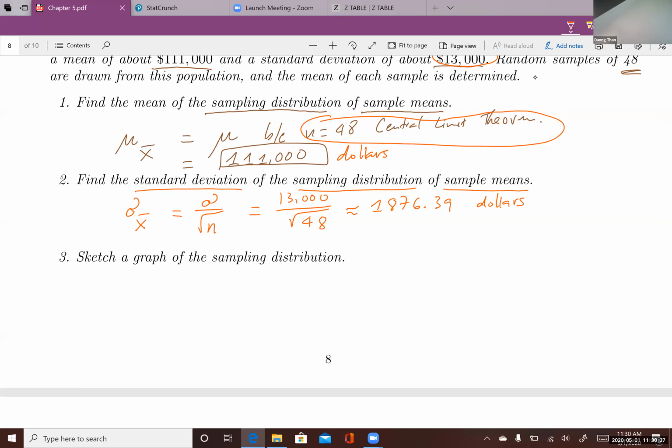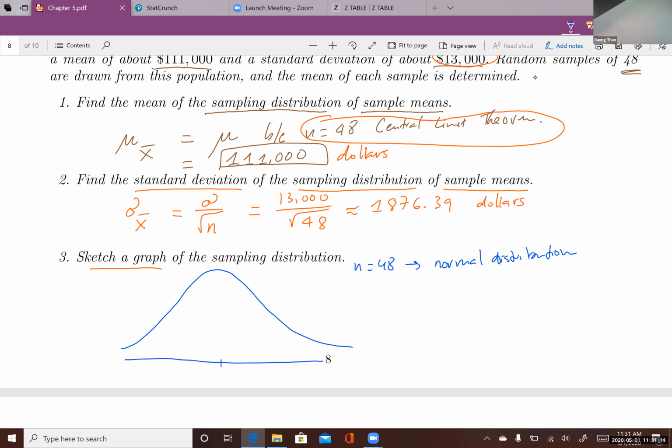Now I can use the mean and the standard deviation of the sampling distribution to sketch a graph of the sampling distribution. By the central limit theorem, n is 48, so the shape is a normal distribution.